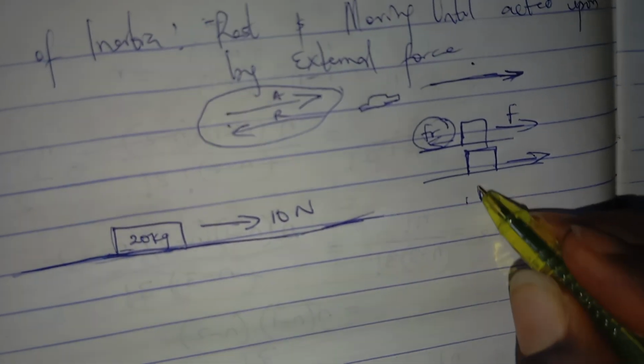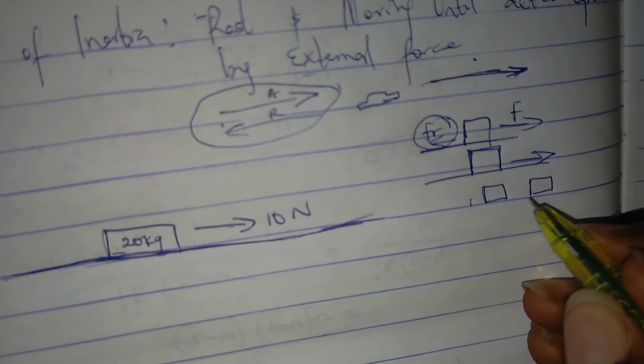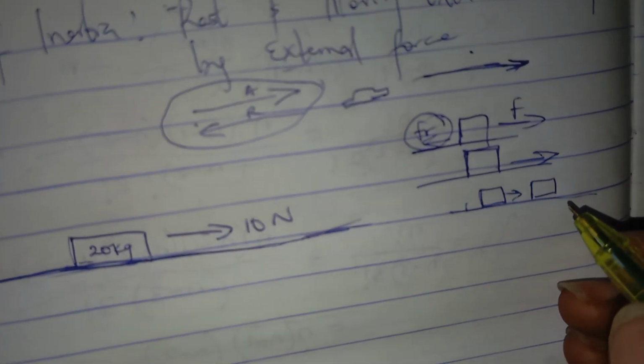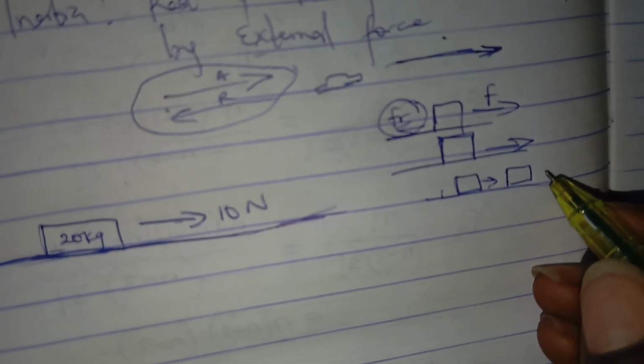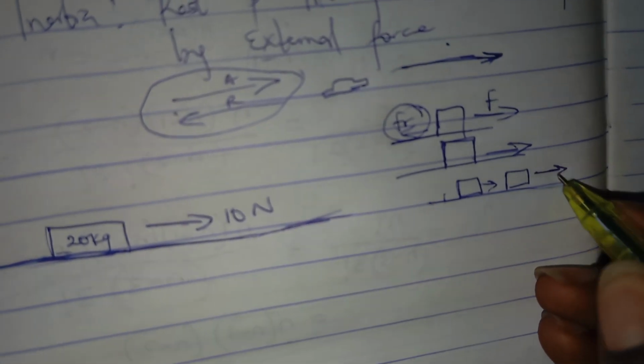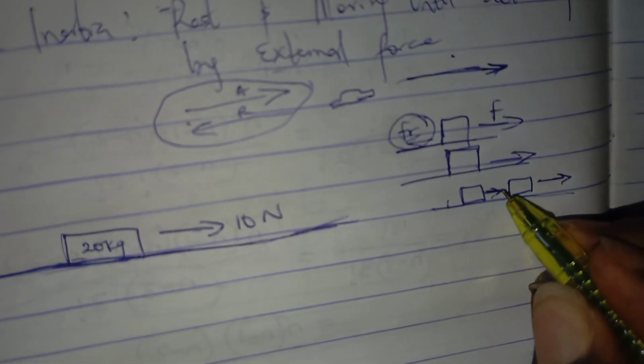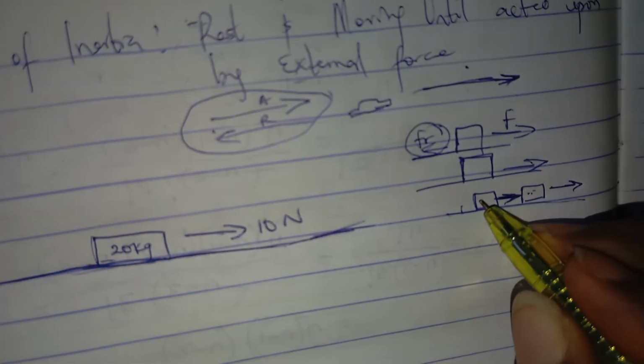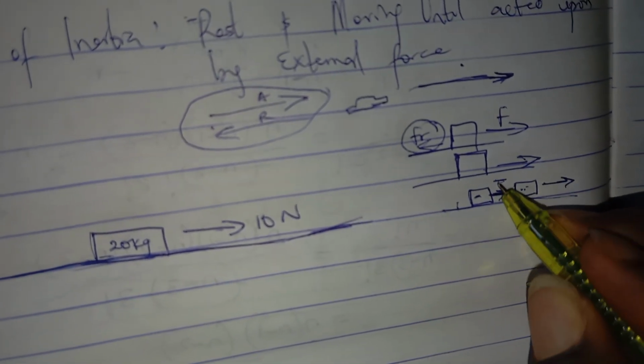Assuming there are two bodies, the first body is being acted on by the forward force, which is the action force, while the second body is being acted on by the force transmitted through the first, which becomes tension to it.